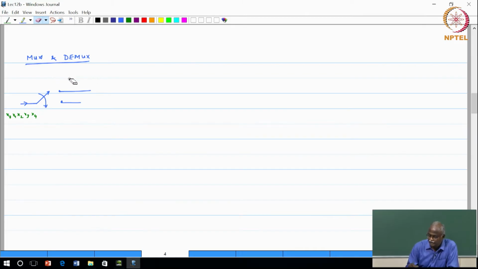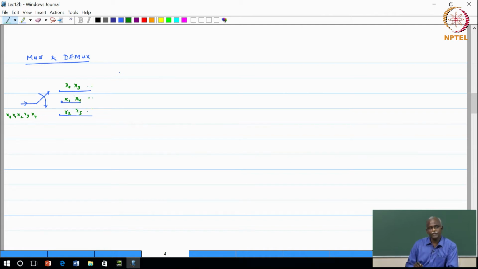I will draw a third line. So it is a 1:3 demultiplexer, and the way you would expect is that x0 gets fed on one branch, x1 gets fed on the other branch, x2 on the third, then you go back to the first line, this is x3, x4, x5 and so on.